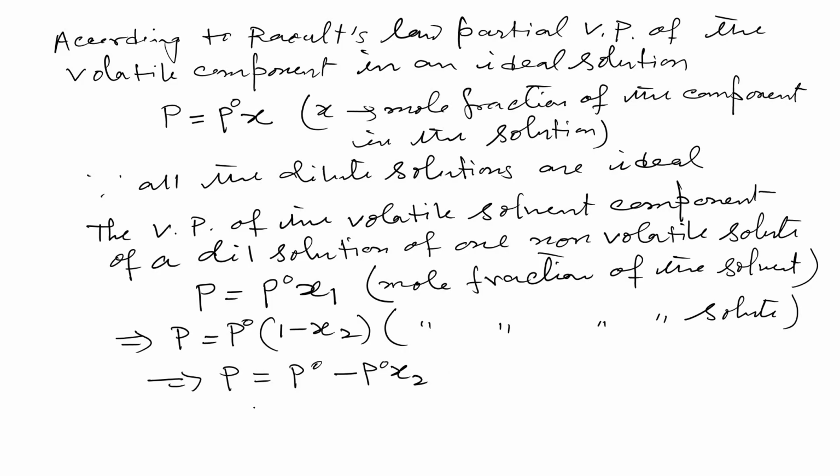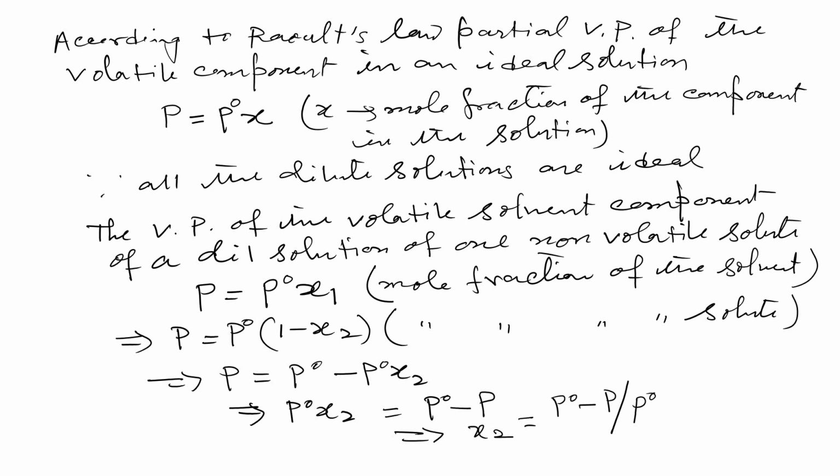If I take P0 X2 to this side, P0 X2 is equal to P0 minus P. So therefore I can write X2, that is the mole fraction of the solute, is equal to P0 minus P by P0, that is the relative lowering of vapor pressure, that is Raoult's law. So this relative lowering of vapor pressure is equal to the mole fraction of the non-volatile solute in the solution, that is Raoult's law.